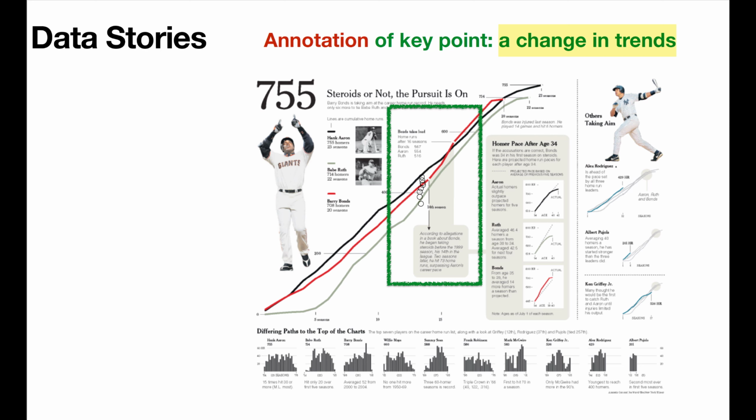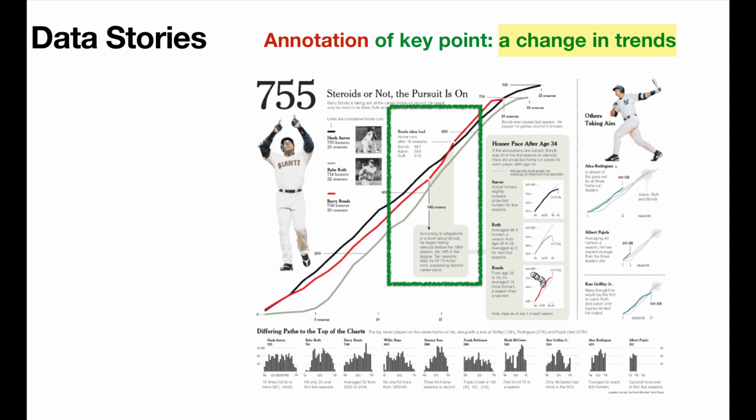There were other well-known baseball players at the same period of time who were known to be taking steroids, and others who were widely believed to be taking steroids, who had this sudden increase in their performance at a time when many other players' careers were starting to slow down.